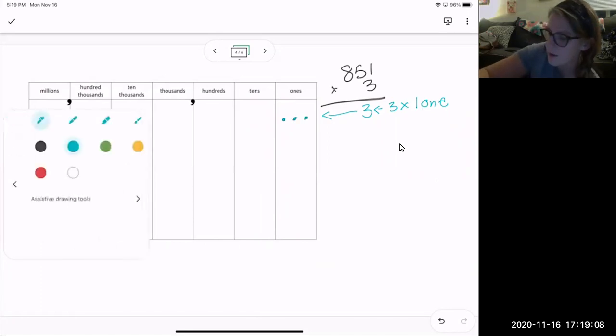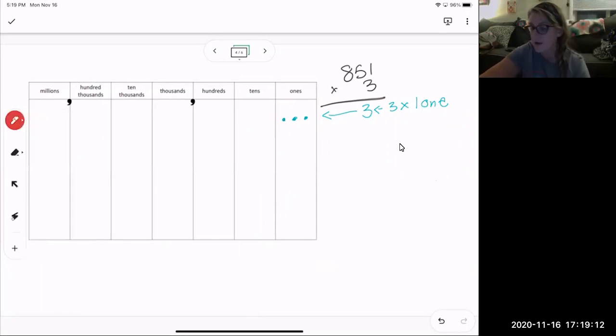Okay, then I'm going to check out our tens place. So we have 3 times 5 tens. So let me rewrite it over here. 3 times 5 tens. Okay, and that gives us 15 tens.